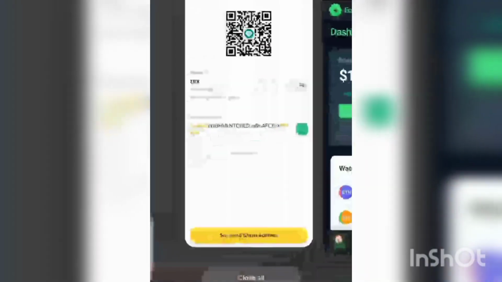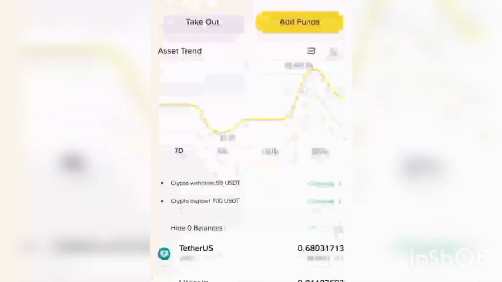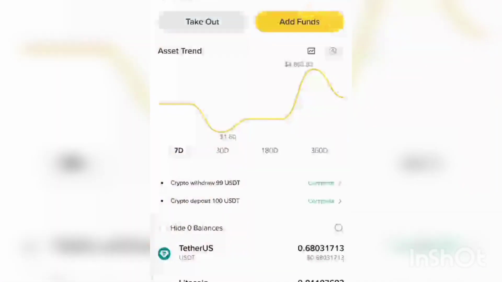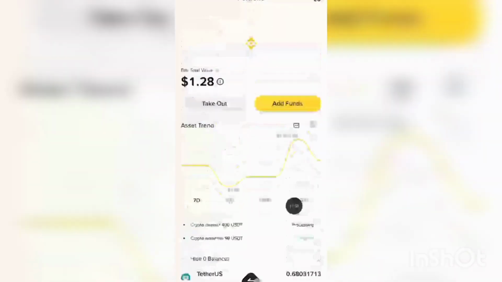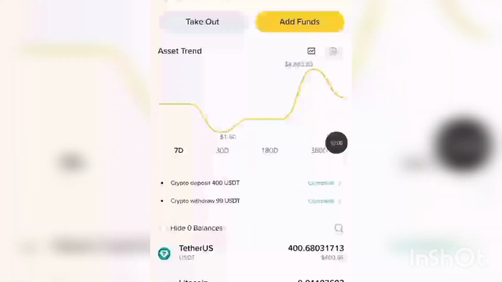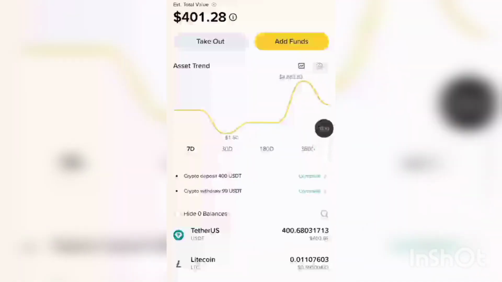So we are going to go back to my Binance and wait for the withdrawal which we made to arrive here. Binance just gave me a message right now of depositing, you can see over here that USDT is depositing, and it is 400 USDT, because they took a 1 USD fee.